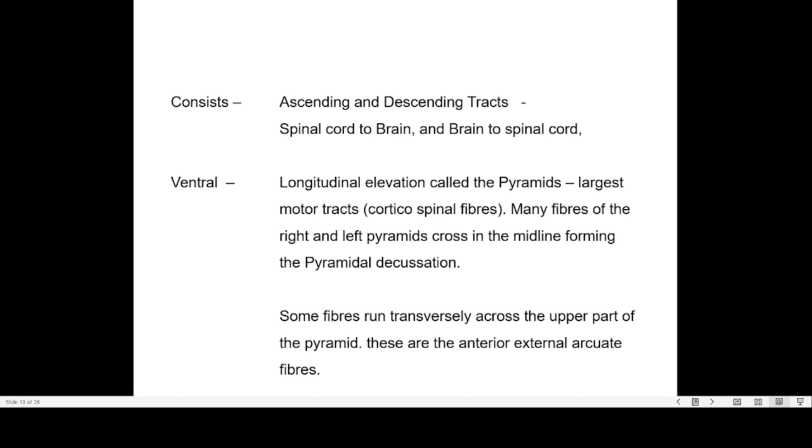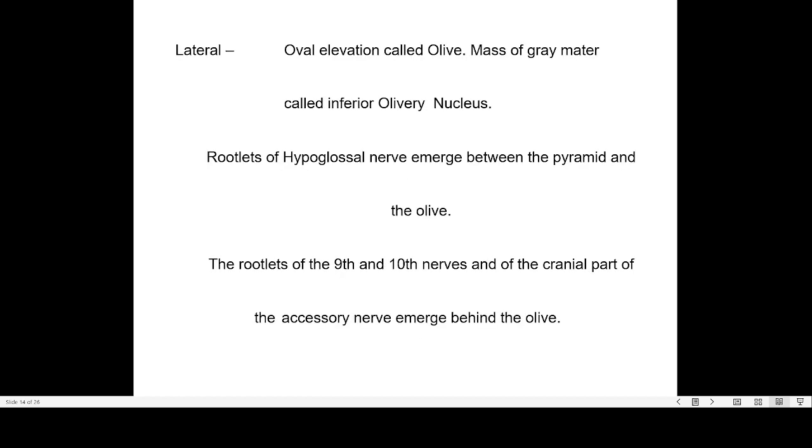Usually some fibers also run transversely across the upper portions of the pyramid, and these fibers cross. These are called the anterior external arcuate fibers, that is the fibrous structures.